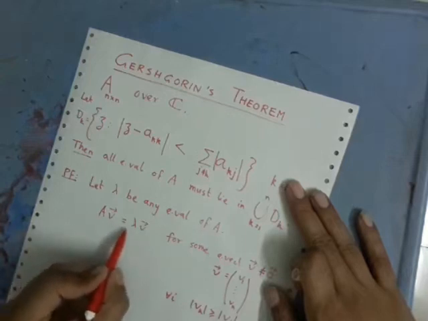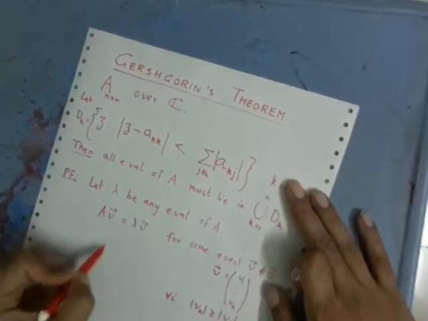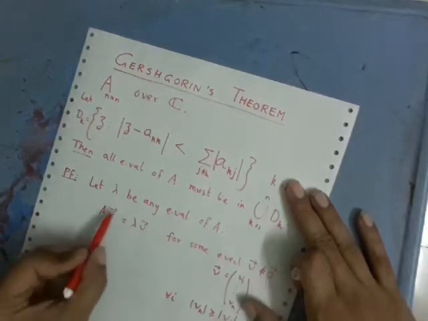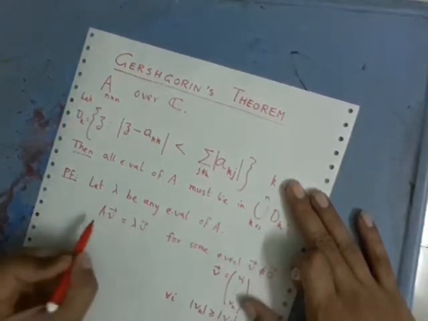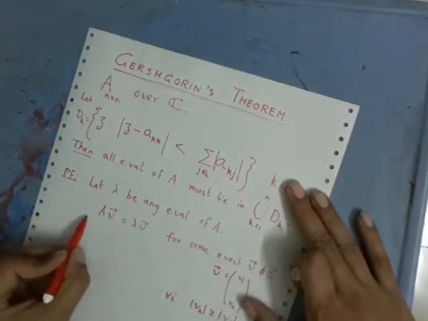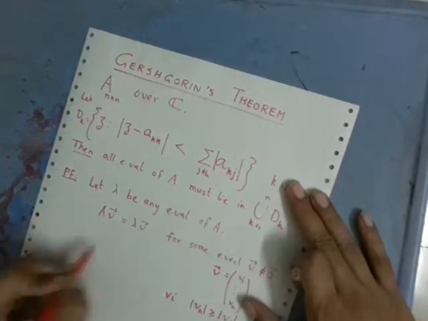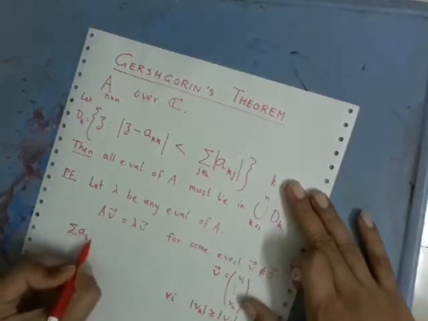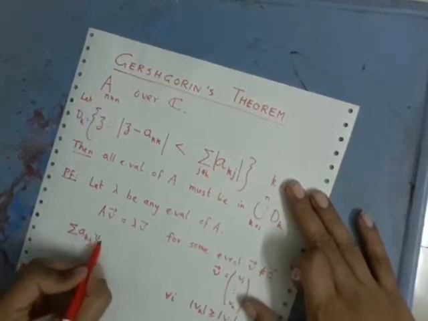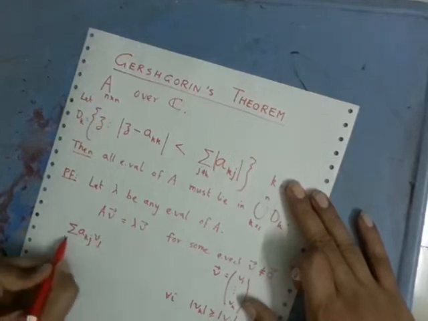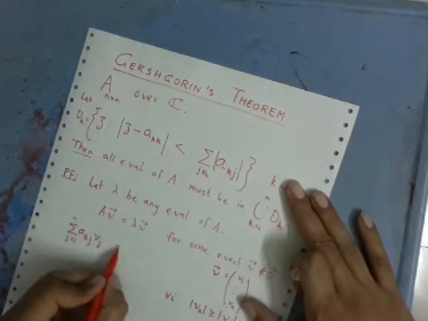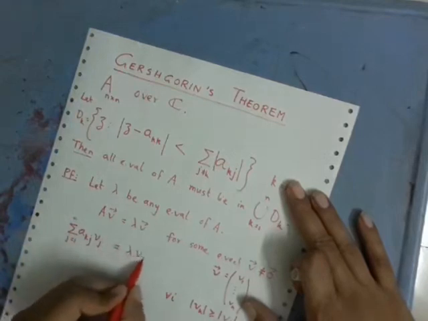Now in this equation, both the sides are vectors. Consider the kth component of both the sides. So what do I have in the kth component? It is the kth row of A times V, that is the sum of A_kj Vj, j from 1 to n, and on this side I have lambda Vk.